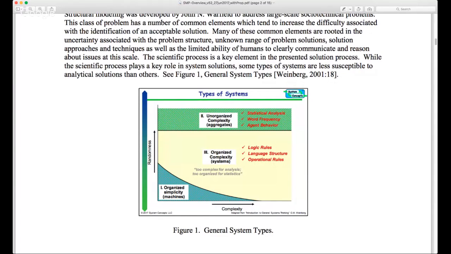And then once you go far enough up the y-axis and have enough objects that you're able to actually use the law of large numbers and create aggregates, then you can use statistical analysis. There are a lot of very powerful tools in the unorganized complexity area, in the second area here.